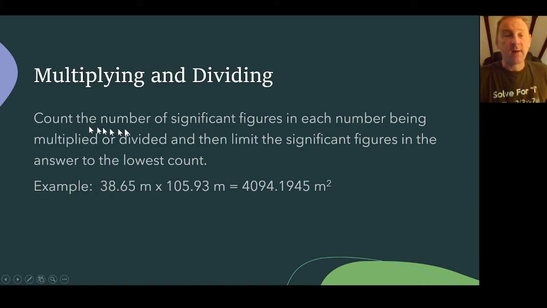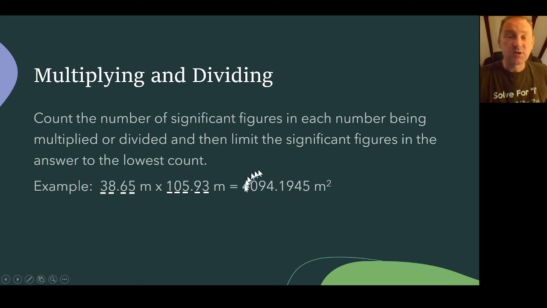Anyways, you get this very large number. But it says count the number of significant figures in each number being multiplied. In the first number, we've got 4 significant figures. And in the second number, we've got 5 significant figures. Limit the significant figures in your answer to the lowest count. So our lowest count is 4 significant figures. Our answer should only have 4 significant figures, not 1, 2, 3, 4, 5, 6, 7, 8.